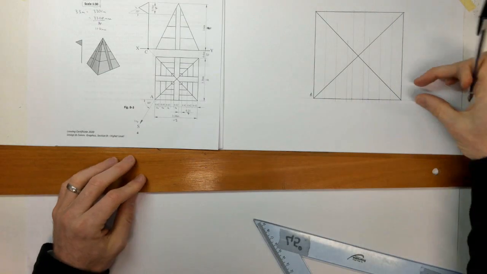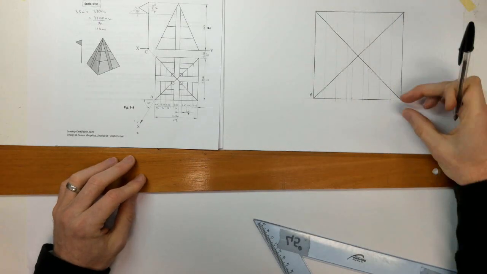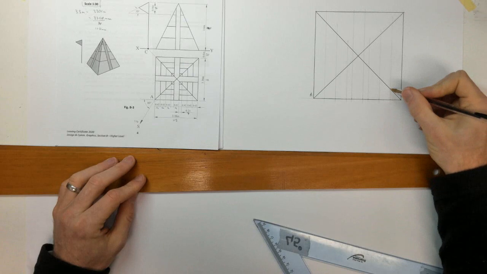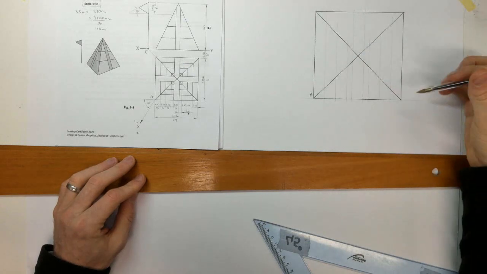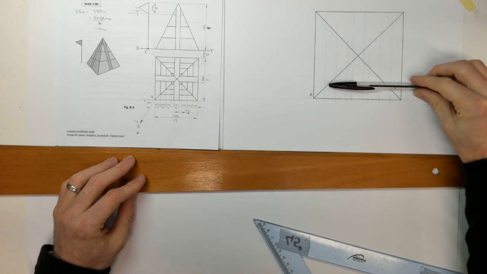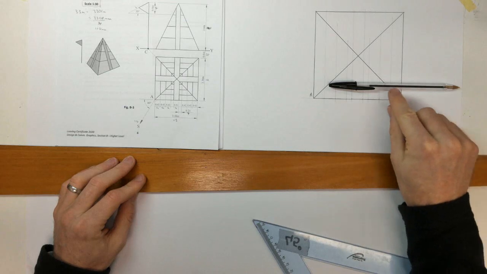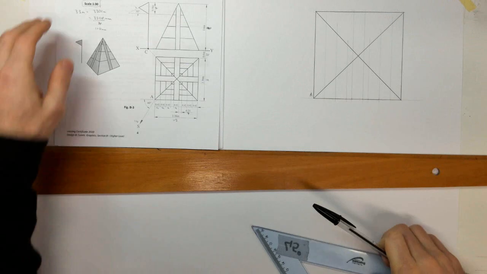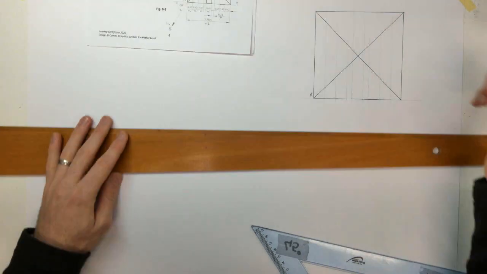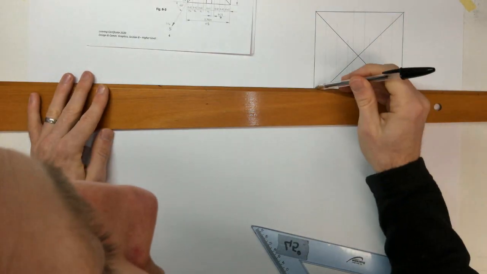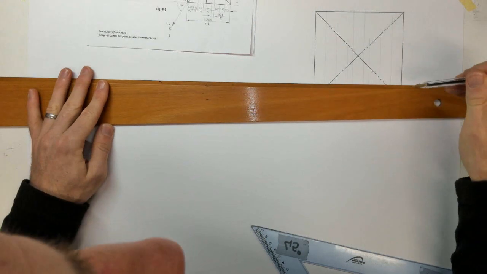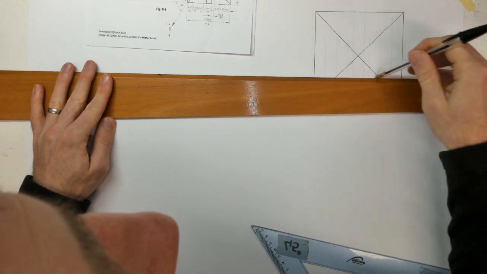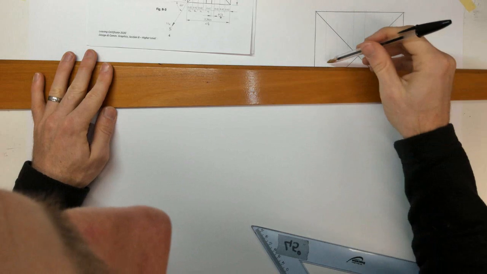Now I could measure those measurements up along here, but we've got a diagonal which is bisecting the square shape. I could measure all those again, but just to be quicker, I'm going to take those measurements along here to get my points.